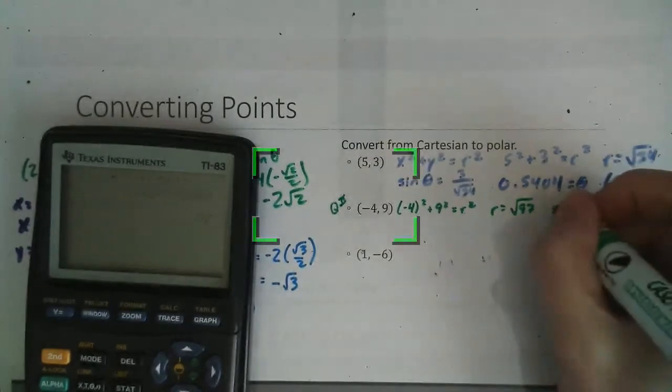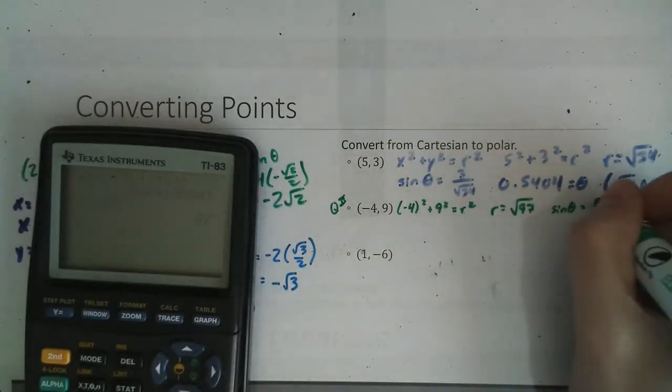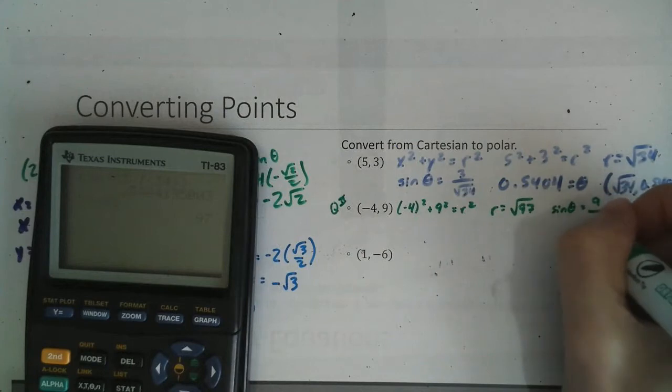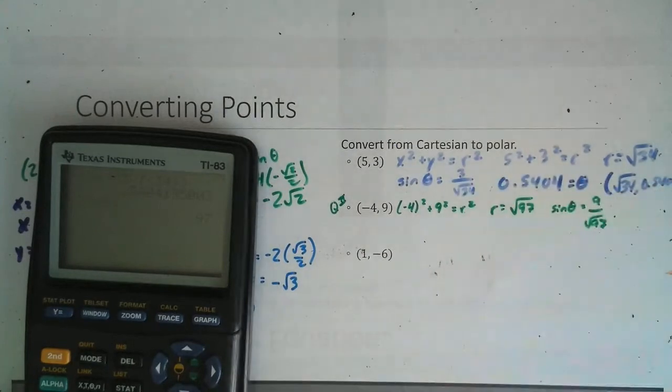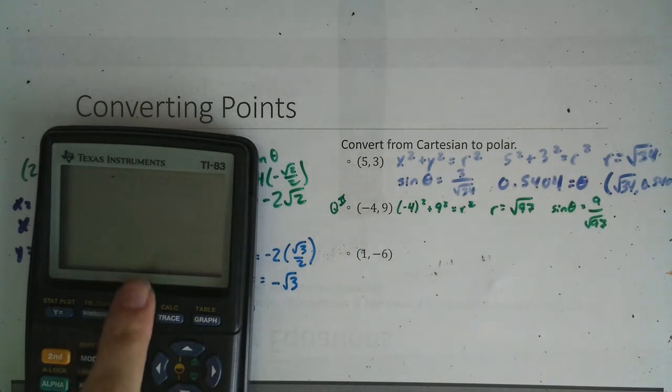If I use sine, then the sine of theta is equal to 9 over the square root of 97. So that tells me theta equals 1.1526. But that's in quadrant 1.